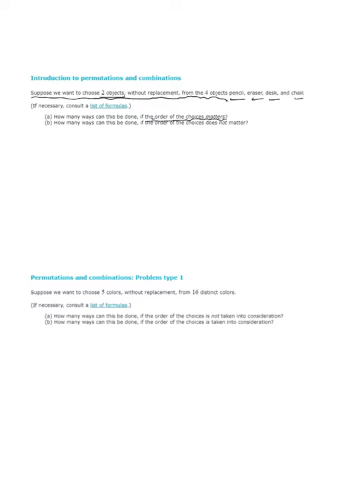Okay, if order matters, that is a permutation. So I've got 4 things and I'm choosing 2 of them. That's what I'd want to type in my calculator, or I'd want to use my permutation formula to figure that out.